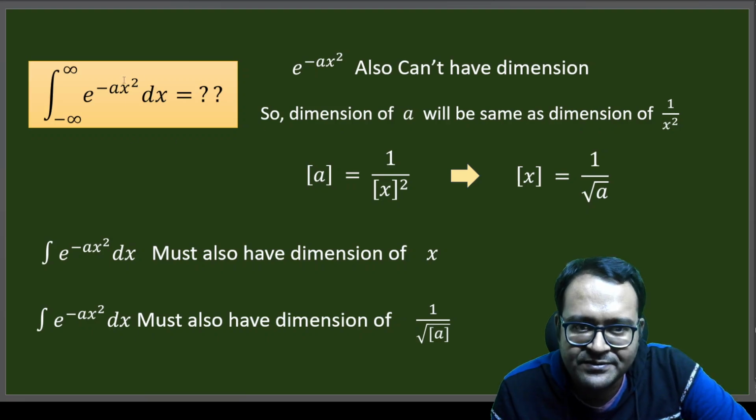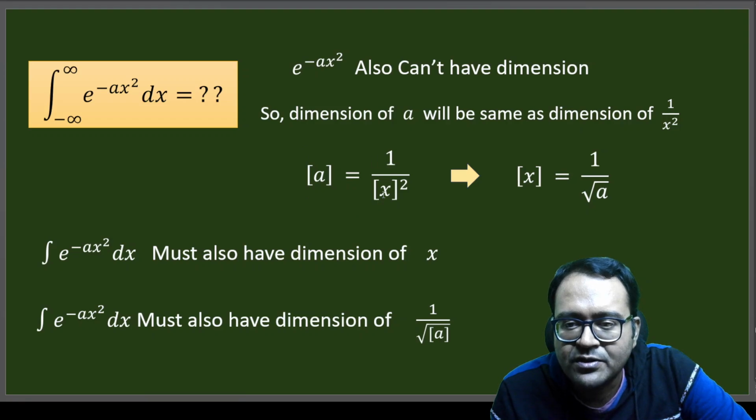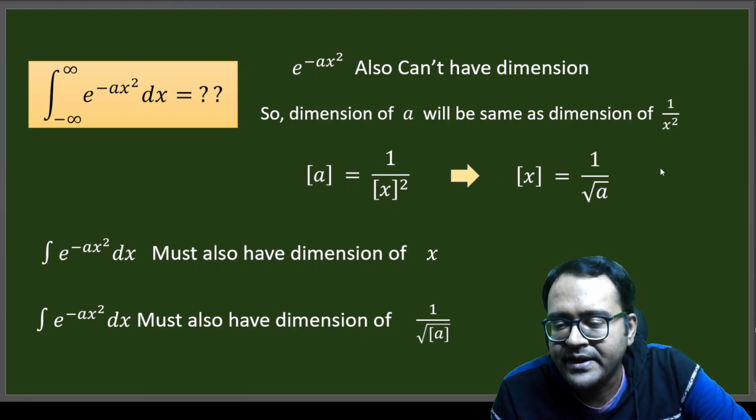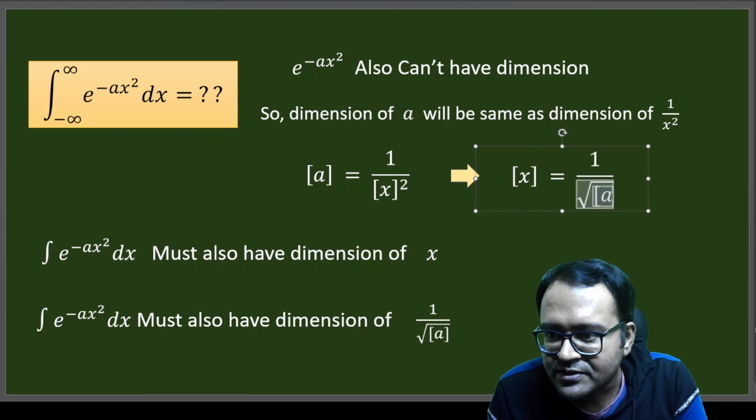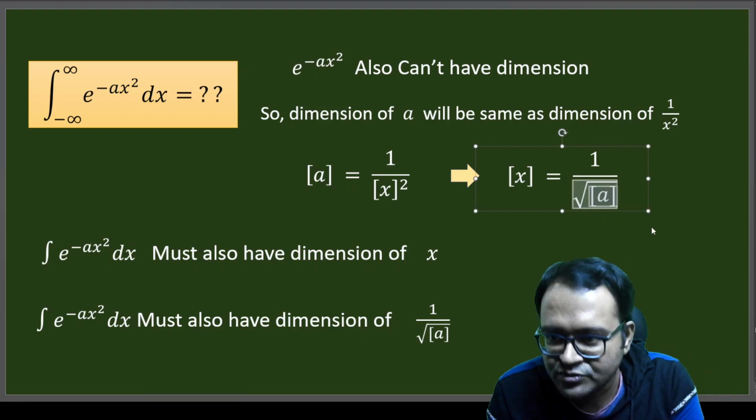No way, you must have this, otherwise a x square will have dimension. So the dimension of a is equal to the dimension of 1 by x square, and the dimension of x should be equal to 1 by the square root of the dimension of a. So that should be written as this.